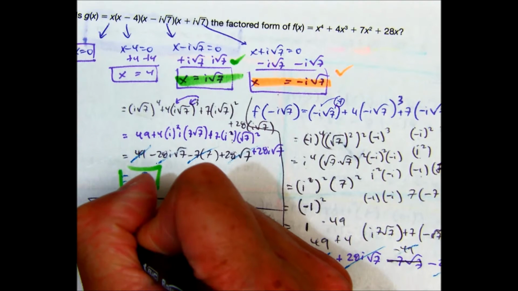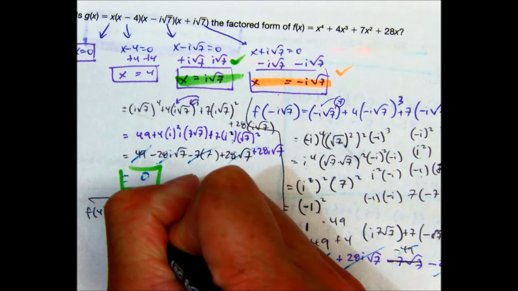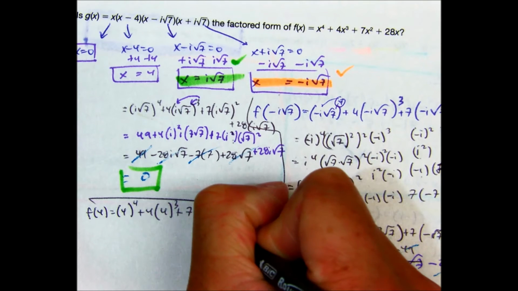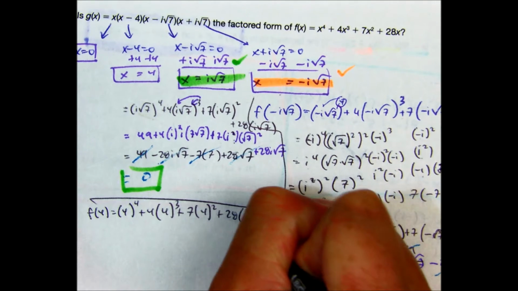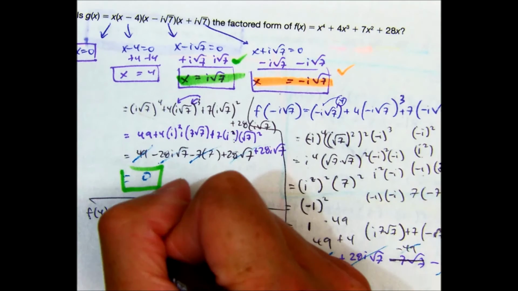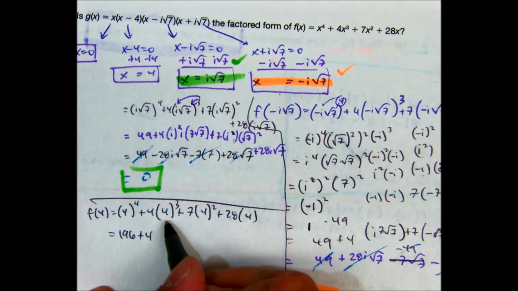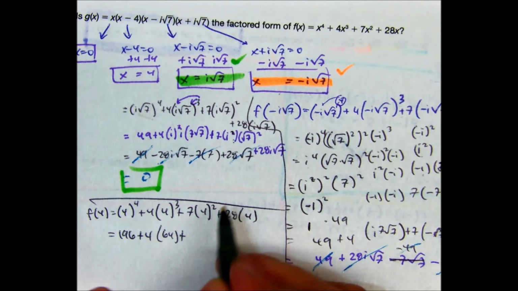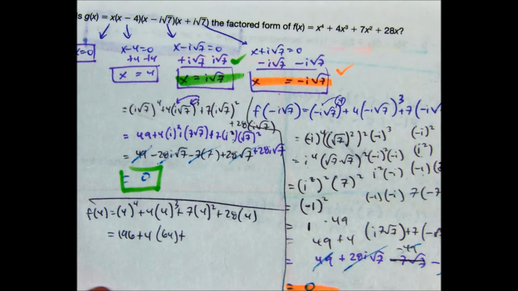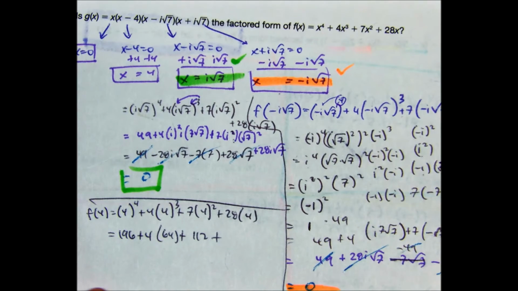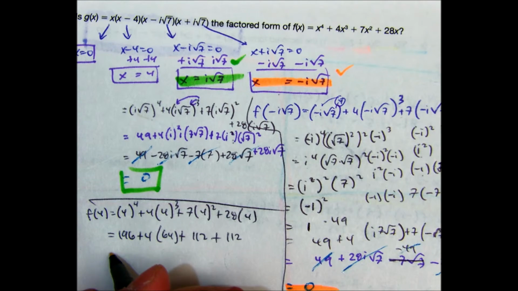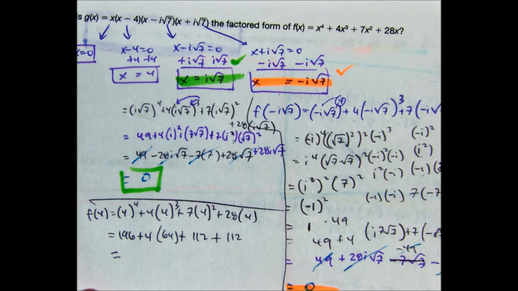So f of 4 equals 4 to the 4th power plus 4 times 4 to the 3rd power plus 7 times 4 squared plus 28 times 4. Here I'm again using PEMDAS, so exponents first. 4 times 16 is 64. 16 times 7 is 112.